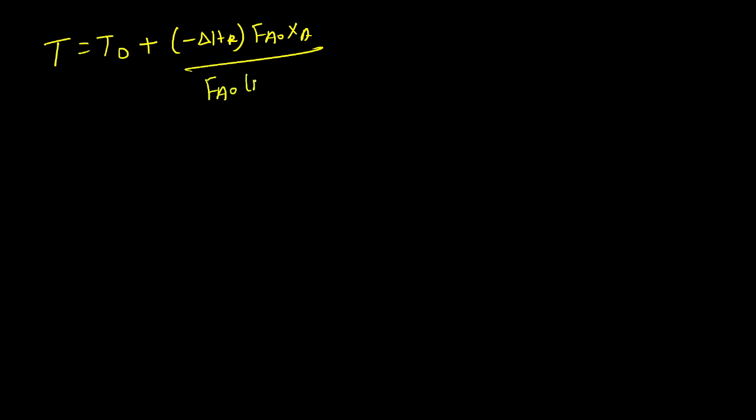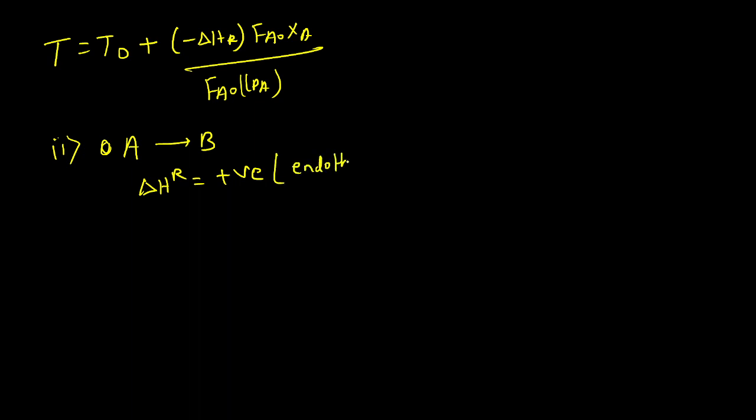Right? So this is for the exothermic reaction. Now coming to the endothermic. Since the temperature profile was T is equal to T naught plus minus delta H of R Fa naught XA upon Fa naught Cp of A, in case 2, if A is getting converted into P, delta H of R is positive. Positive means that is an endothermic reaction.